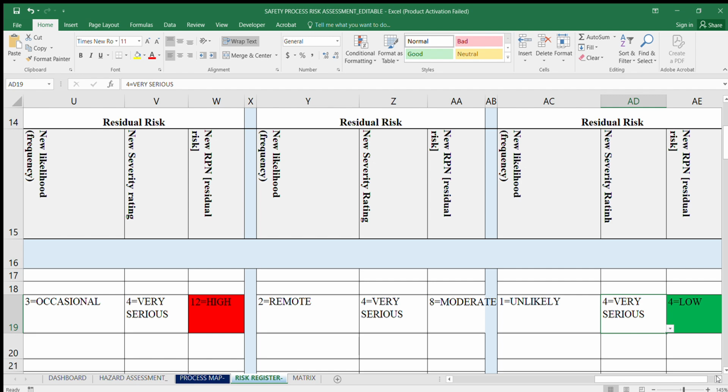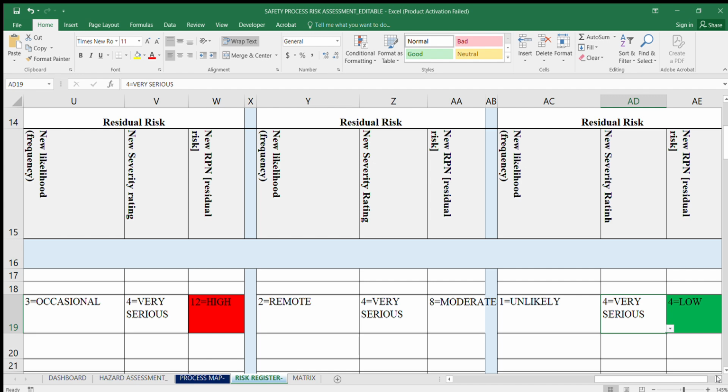So there are certain times when your risk will increase, and therefore you need to take it back to its initial phases. And after you take it back to the initial phase, that's when it can now reduce further to acceptable levels. So you need to constantly monitor your risk assessments. It's always advised at least every 3 months or 6 months you come back and check whether or not your mitigations or your proposed mitigations are working or not.